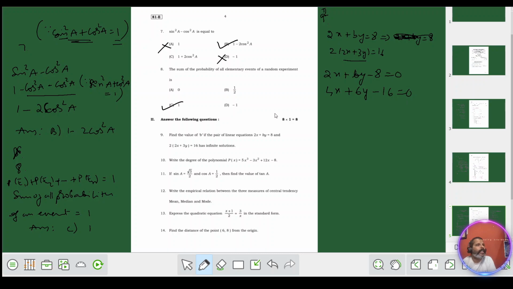They have infinite solutions. Infinite means the lines will be coincident, which means the ratios will be equal.